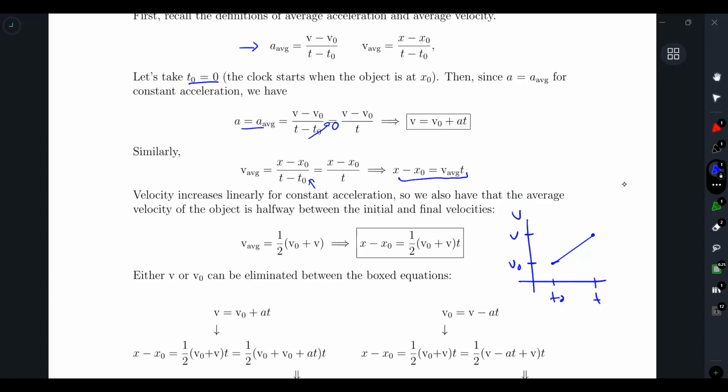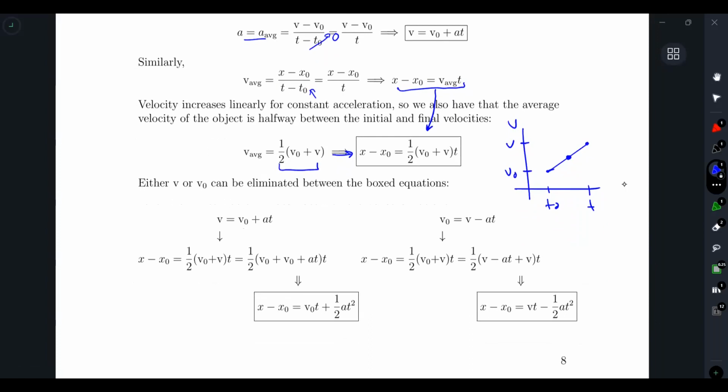So the velocity is increasing, but on average, it's about in the middle of those. So that's all this is saying. Just take the average of those two. That is your average velocity. If we combine that with this equation that we had up above, we get our second kinematic equation.